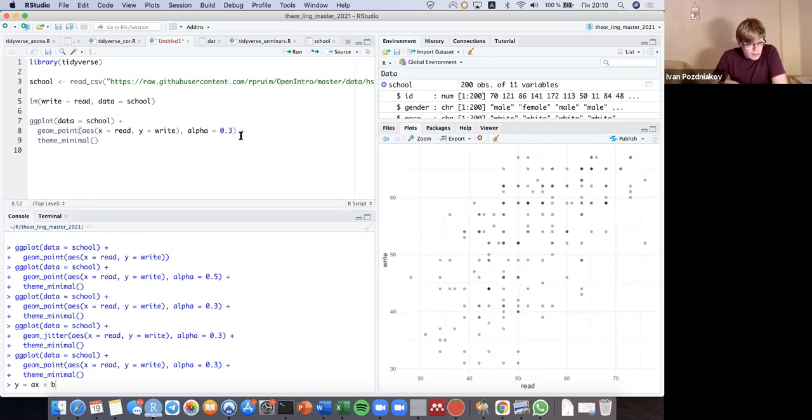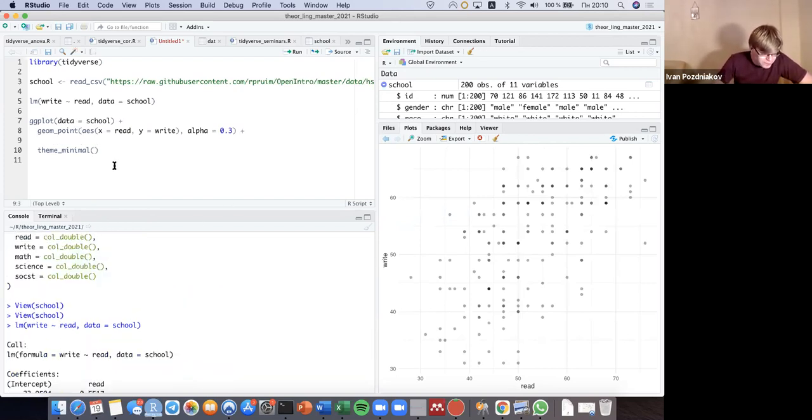Okay, so actually what we can do is use these coefficients. Let's say we call the lm model, model, right.